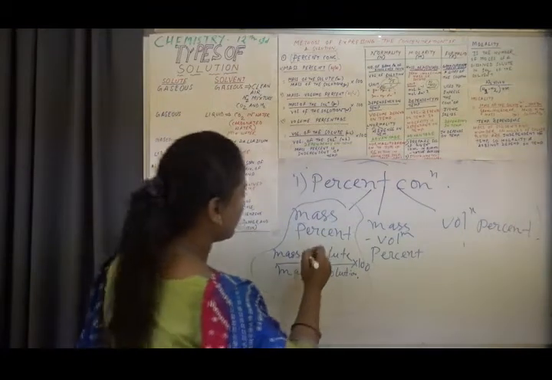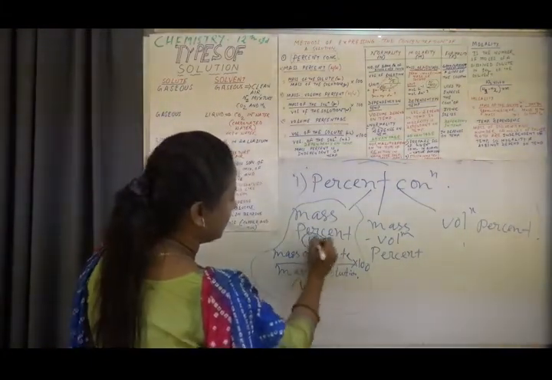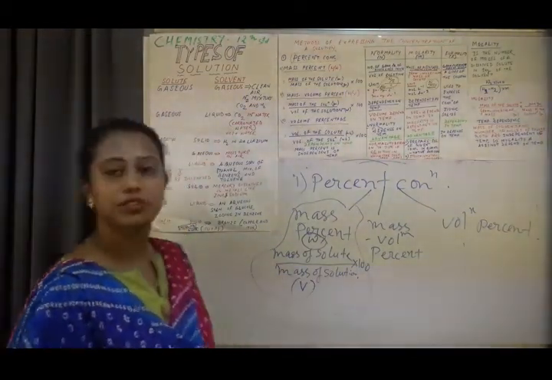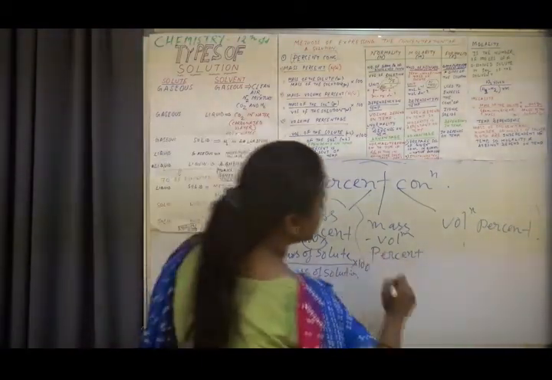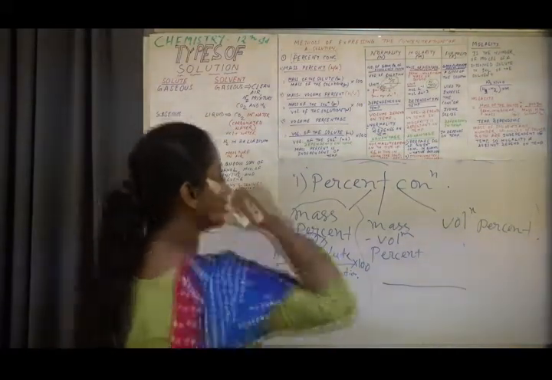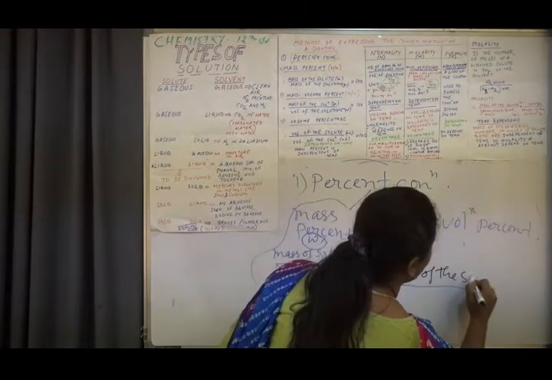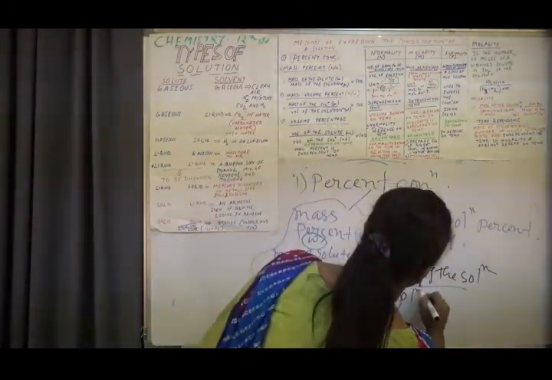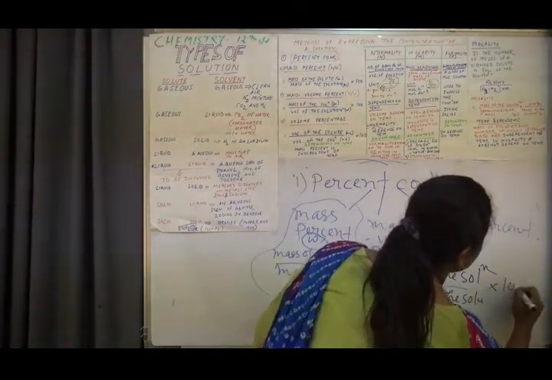So here W by V. W is the mass of the solute, and V is the volume of the solution. Then coming to the second one, mass volume percent. It can be expressed as the mass of the solute divided by the volume of the solution, into 100.